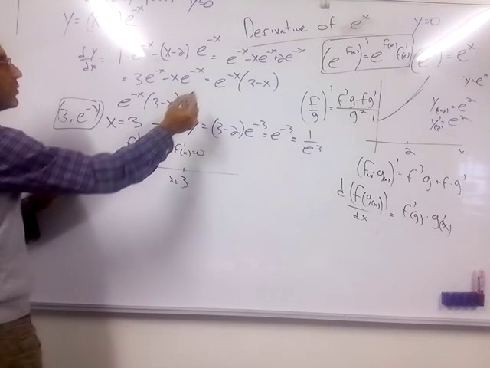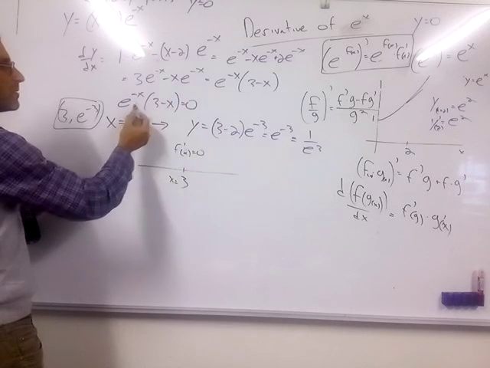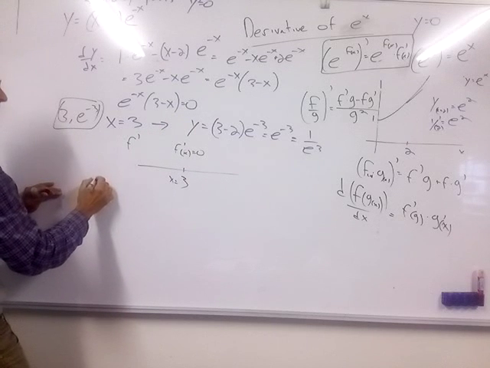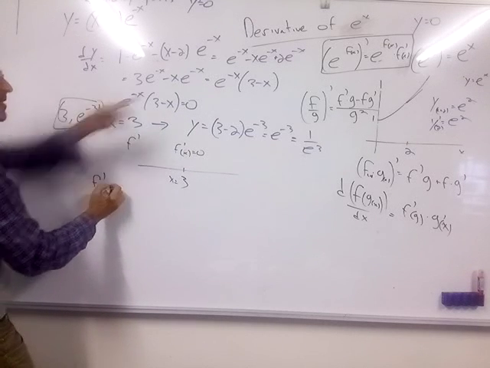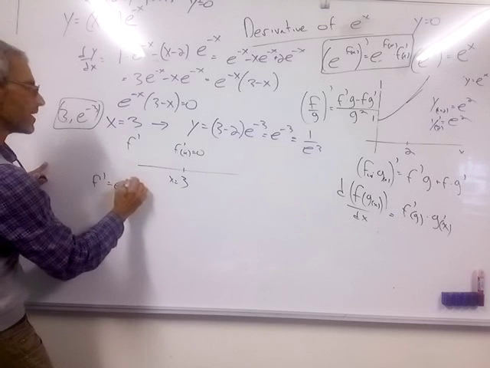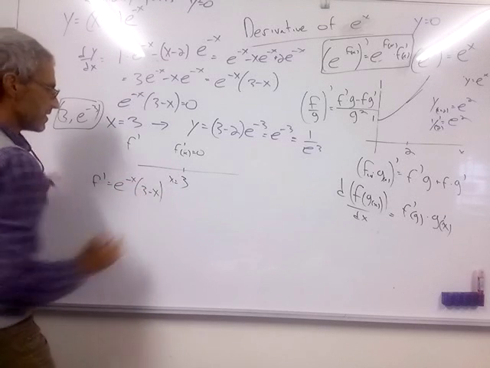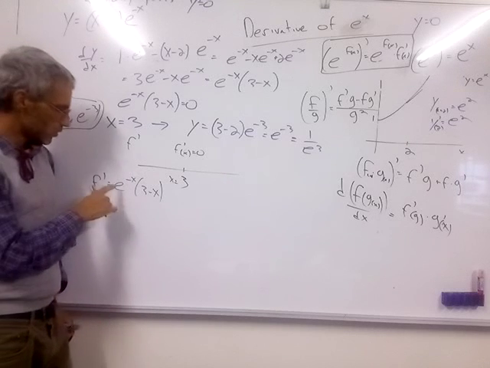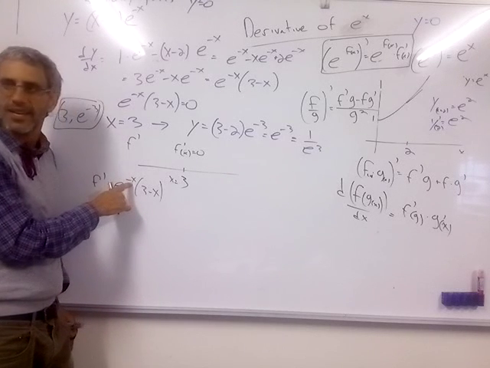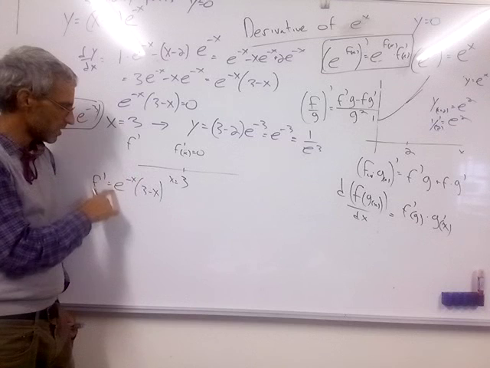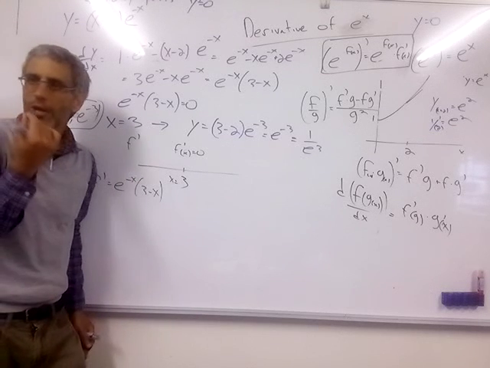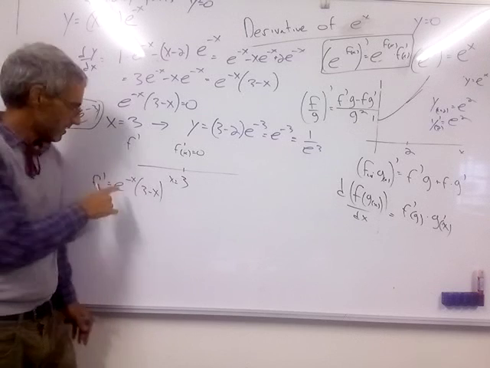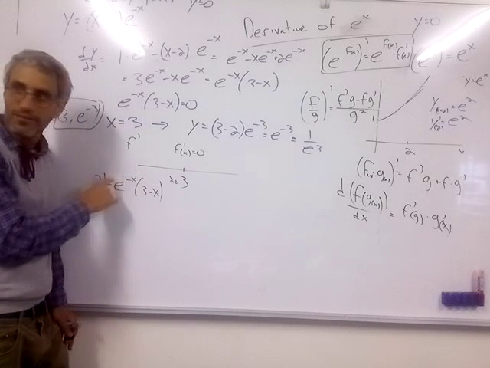So what we can do is look at the first derivative. The f prime is simply e to the power minus x times 3 minus x. Now, you might think, oh, this is actually difficult, but it's really easy. Whatever x is here, I'm not looking for numbers, I'm just looking for positive or negative. This is always going to be positive.